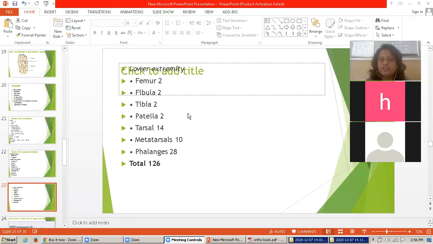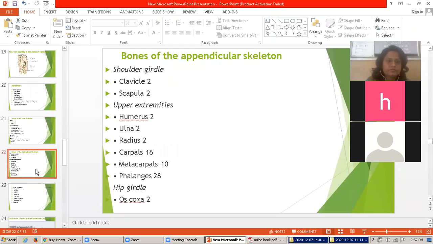So these are the appendicular bones, containing a total of 126 bones. That is 28 phalanges, 10 metatarsals, 14 tarsals, 2 patella, 2 tibia, 2 fibula, 2 femur in the lower extremities, 2 os coxa in the hip girdle, 28 phalanges, 10 metacarpals, 16 carpals, 2 radius, 2 ulna, 2 humerus in the upper extremities, and 2 scapula and 2 clavicle in the shoulder girdle.